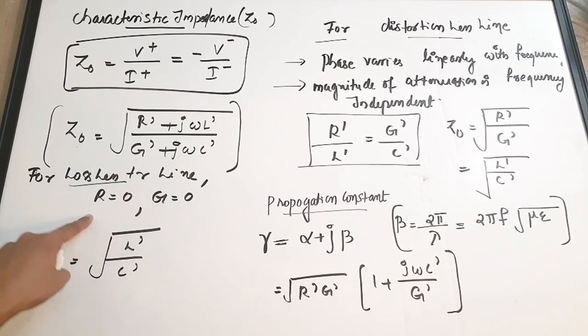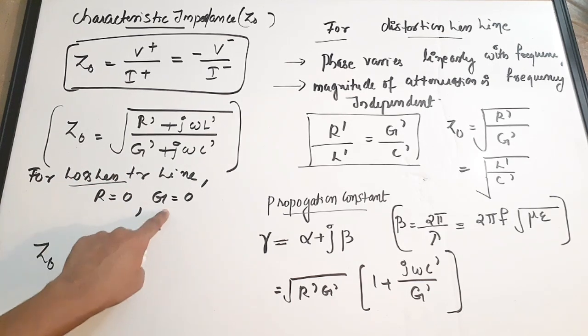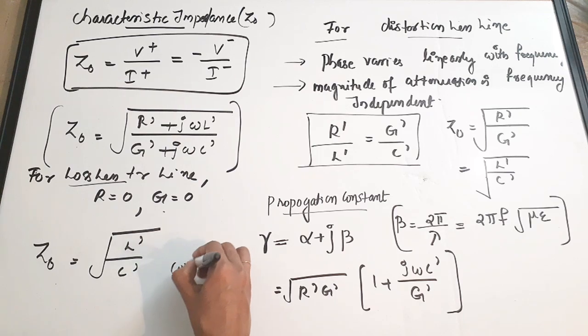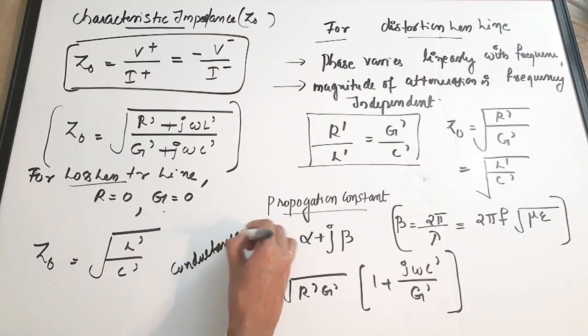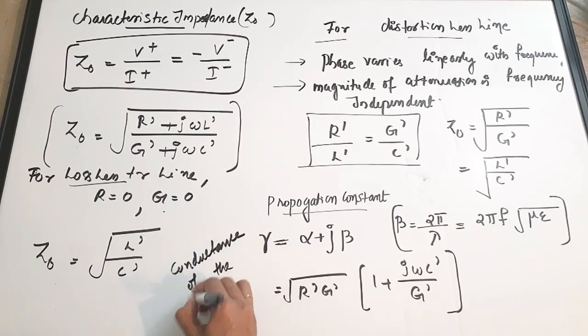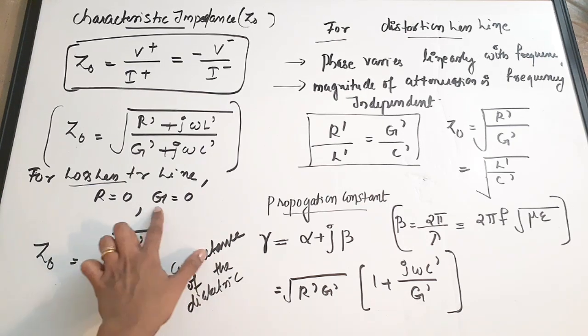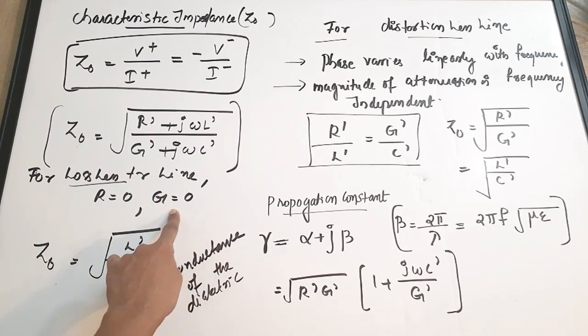If there is no ohmic loss, the value of R is put as 0. And when there is no dielectric loss, note that G is the conductance of the dielectric of the transmission line, so the conductance of the dielectric is also taken as 0.